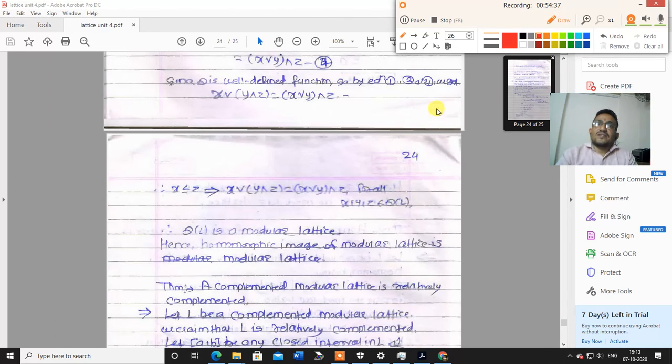So by equations 3 and 4, since theta is a well defined function, whenever elements are equal, their images are also equal.